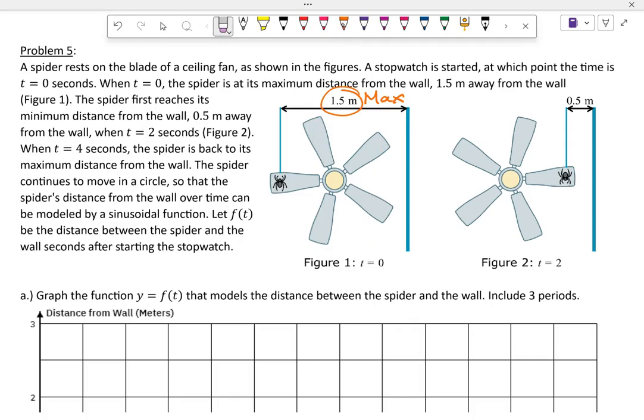Anywhere else would be less than that. Then the spider first reaches its minimum distance, which is 0.5, so there's our minimum distance away from the wall, when t equals 2. That's the first time. When t equals 4 seconds, the spider is back at its maximum distance. So right here, its maximum distance is also t equals 4.